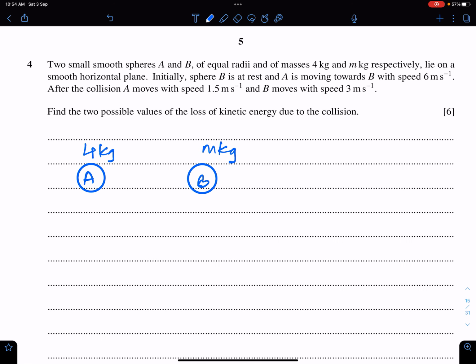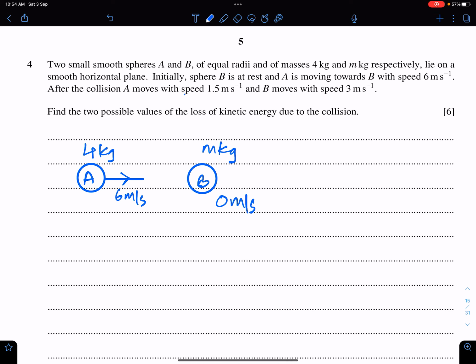Initially sphere B is at rest and A is moving towards B with speed 6. So this is the speed of A and B is at rest. After the collision, A moves with speed 1.5 and B moves with speed 3 meters per second.